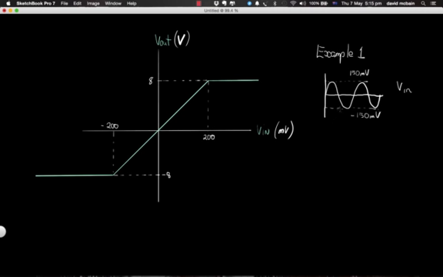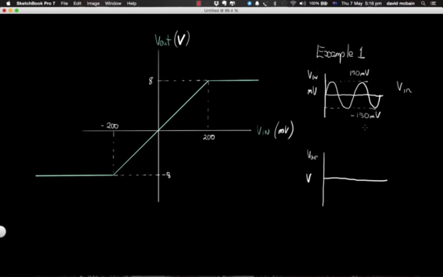What we want to do is look at what the output voltage would look like. So we're going to be able to draw a graph of the output voltage. Now this is obviously not drawn to scale, and the units on the vertical axis will be different. Here, this is the input voltage in millivolts, and this will be the output voltage in volts.